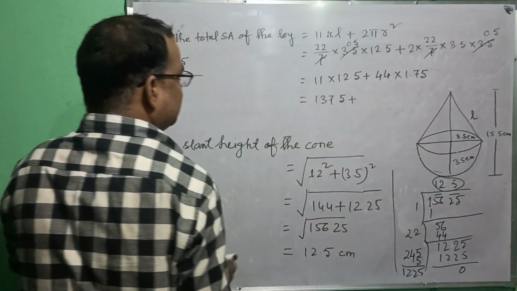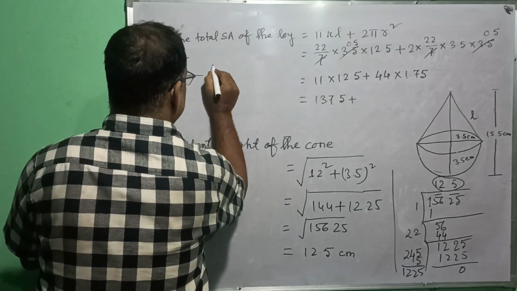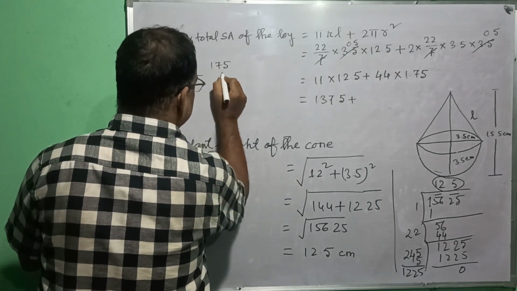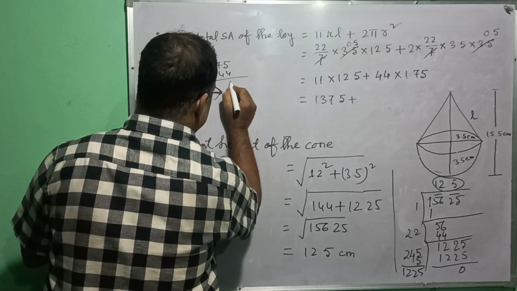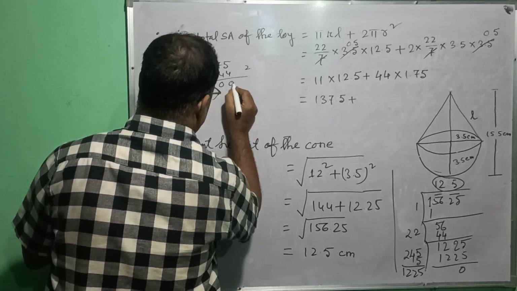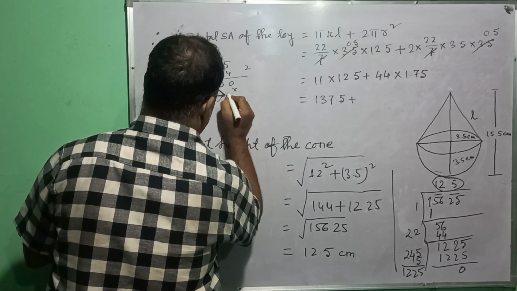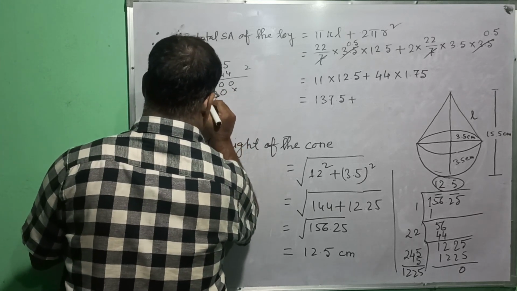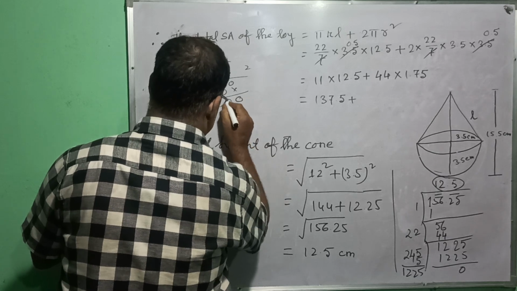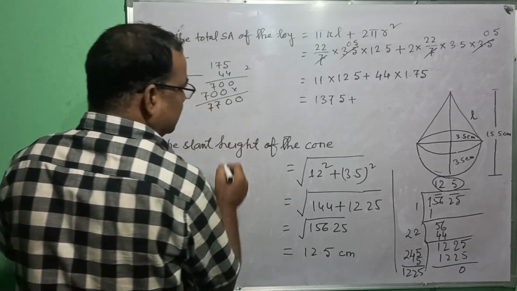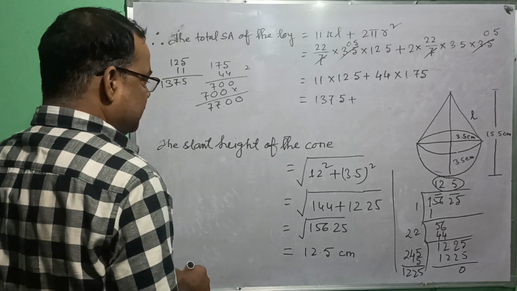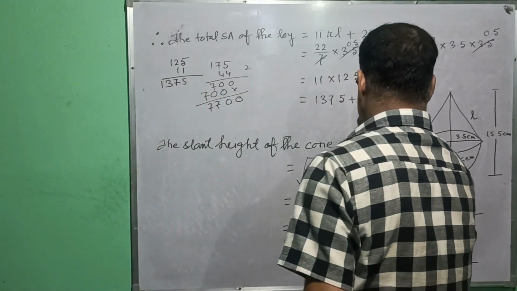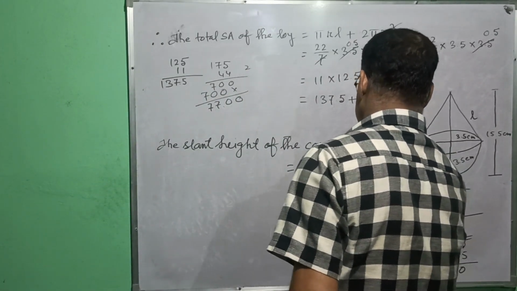Plus 44 into 1.75: 175 into 44 is 77, with 2 decimals. So 77.